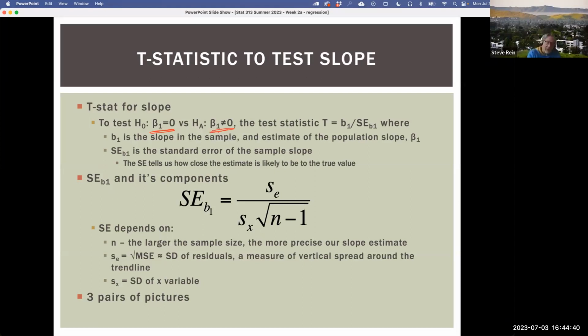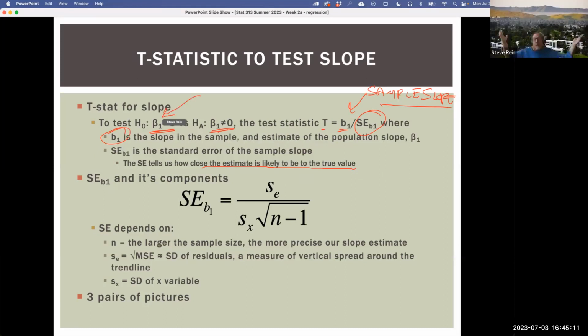Our test statistic is, if you will, the sample slope divided through by the standard error, and that standard error tells us how close our sample slope is likely to be to the true underlying population slope. How close is our estimate, B1, likely to be to the truth, beta 1?